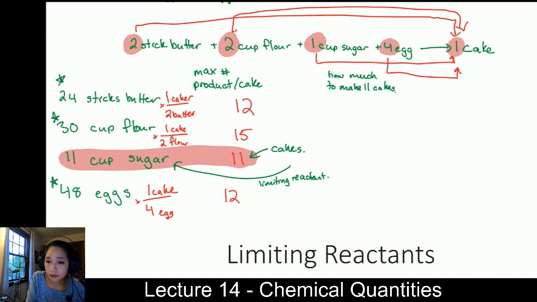To make 11 cakes, I will need 22 sticks of butter. Each cake needs 2 cups of flour, so 2 times 11 is 22 cups of flour. To make 11 cakes, you need 11 cups of sugar. And 11 times 4 means you need 44 eggs.